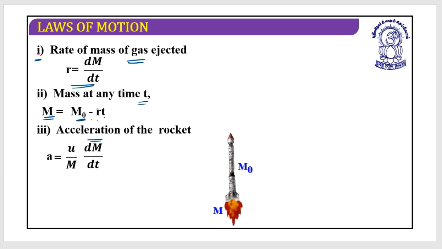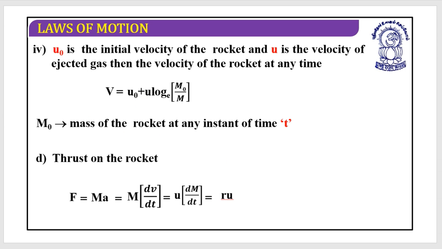If I require the acceleration, I know that a is equal to u by m multiplied by dm by dt. The dm by dt is the rate of mass of gas that has been ejected. Now let's suppose u naught is the initial velocity of the rocket and u is the velocity of the ejected gas.